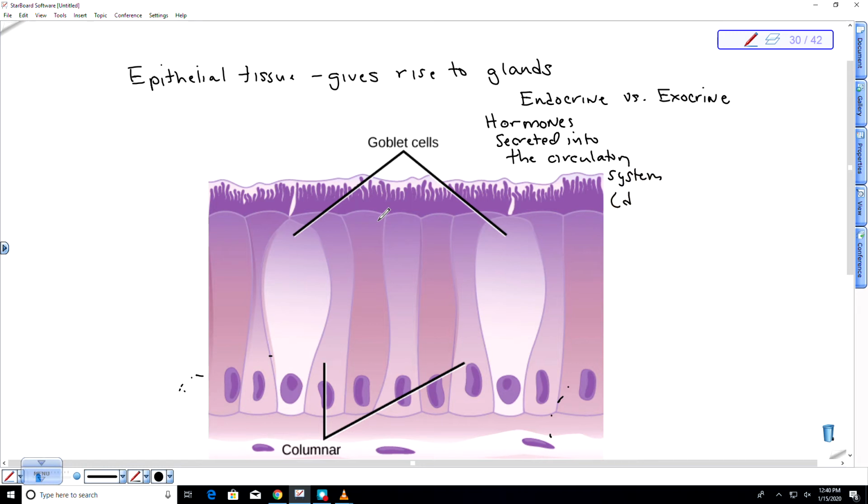So these types of glands are said to be ductless. As opposed to exocrine glands, these secrete substances into a duct.